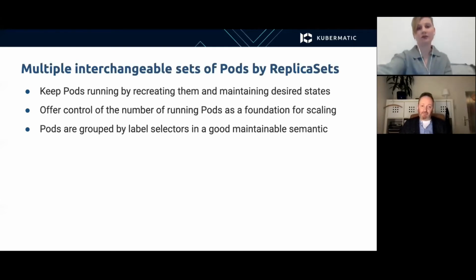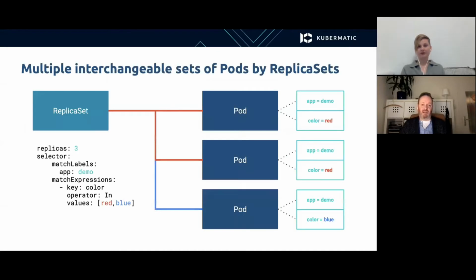The grouping of the pods inside a replica set is done by label selectors, which are quite flexible with direct values or with groups of values and stuff like that. So you will see examples for it. Here, for example, is a schematic one. It's a replica set with 3 replicas.